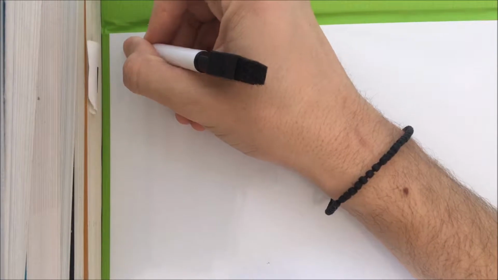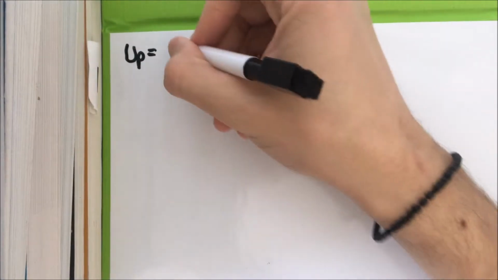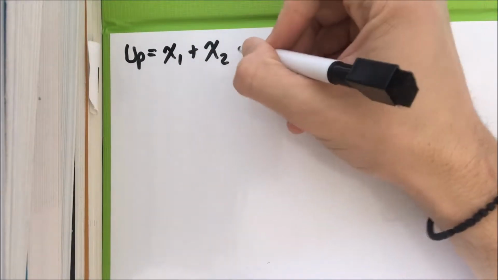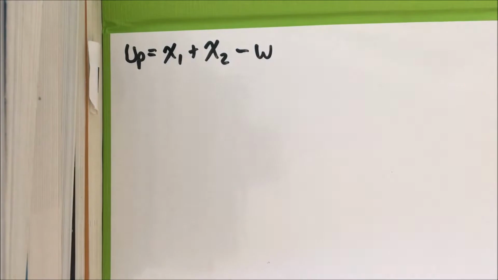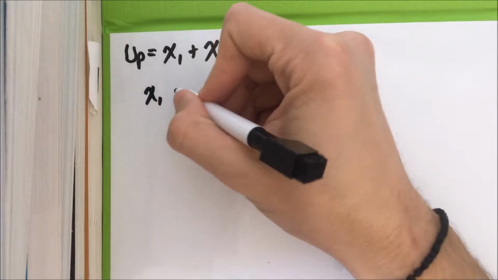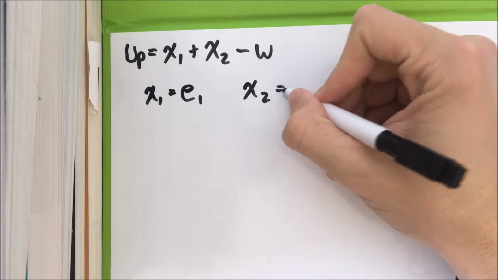The first thing we should do is write down what we actually know. The utility of the principal is equal to the output of the first task plus the output of the second task minus the wage paid out to the agent. We also know that the output for each task is equal to the effort levels that the agent puts in.